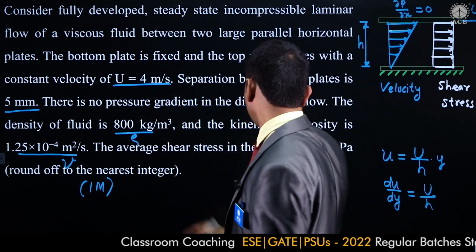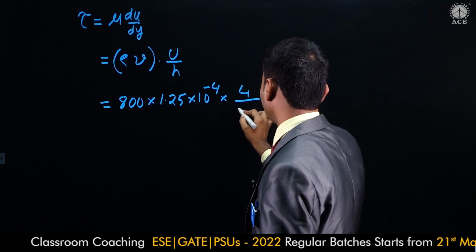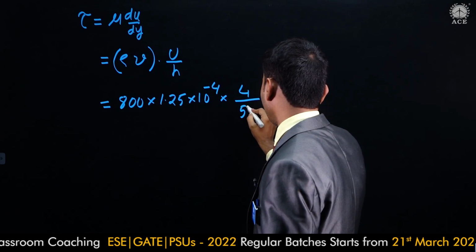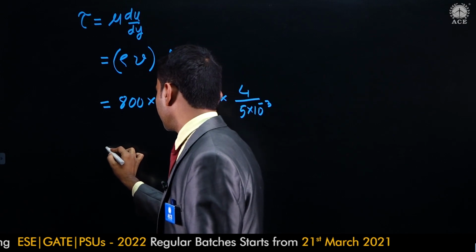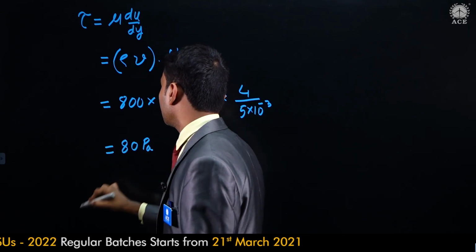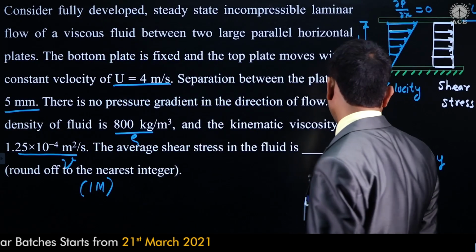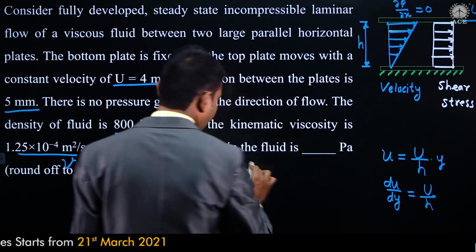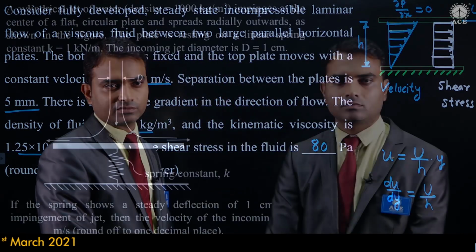Velocity is given 4 meter per second, divided by h is 5 mm. 5 mm is 5 into 10 to the power minus 3. If you perform this calculation, you will get answer 80 Pascal, right? So this is the value of shear stress. So numerical answer question. So round to nearest integer, it will be exact 80 Pascal.